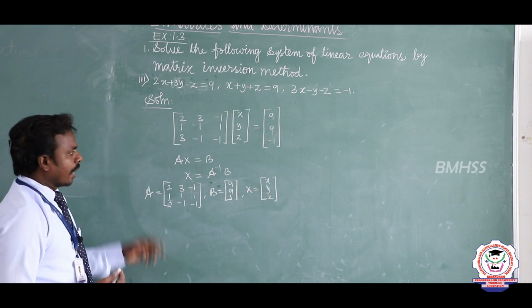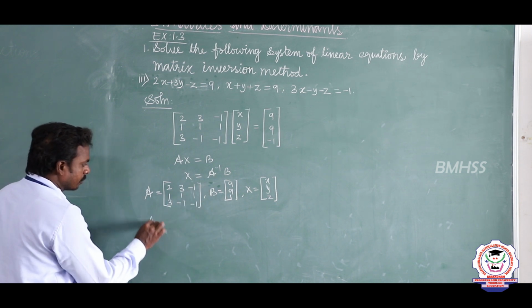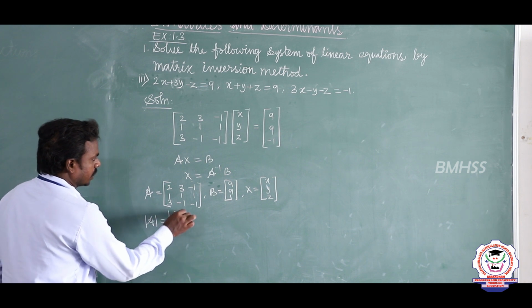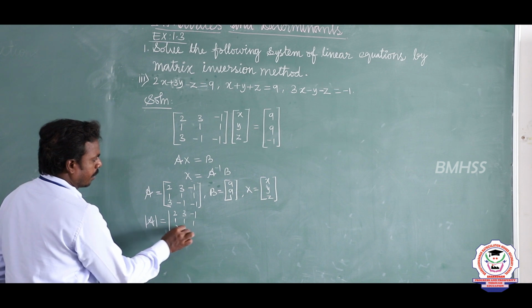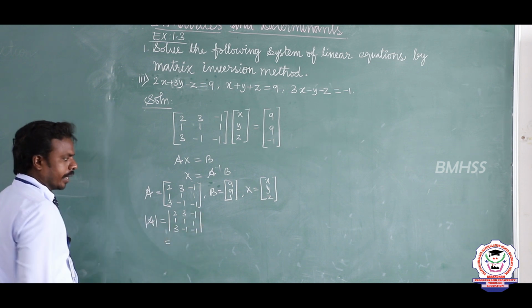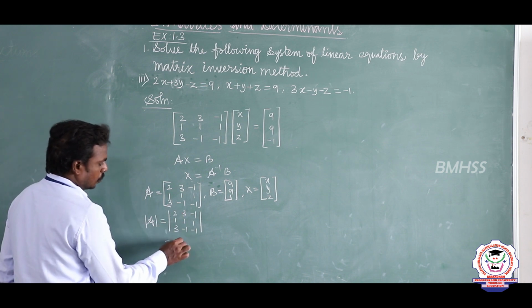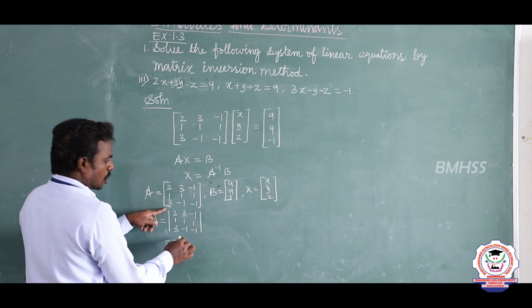Listen to this. Now I am going to find the determinant of A. So determinant of A is 2, 3, minus 1; 1, 1, 1; 3, minus 1, minus 1. I am going to solve along the first row. Considering the first row, first element 2, you omit the first row and first column.